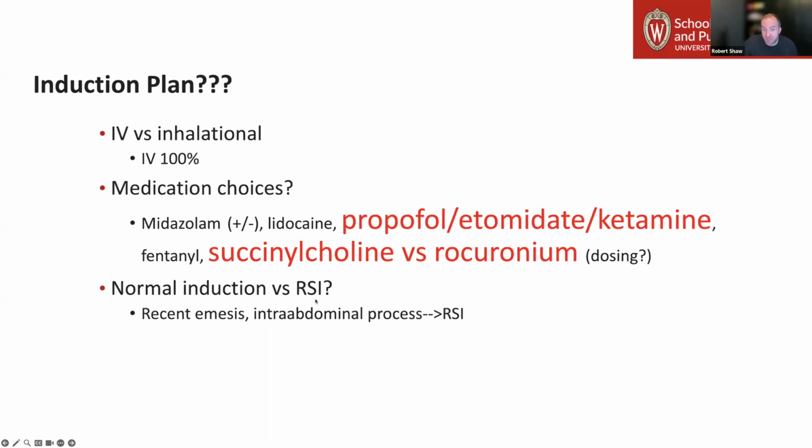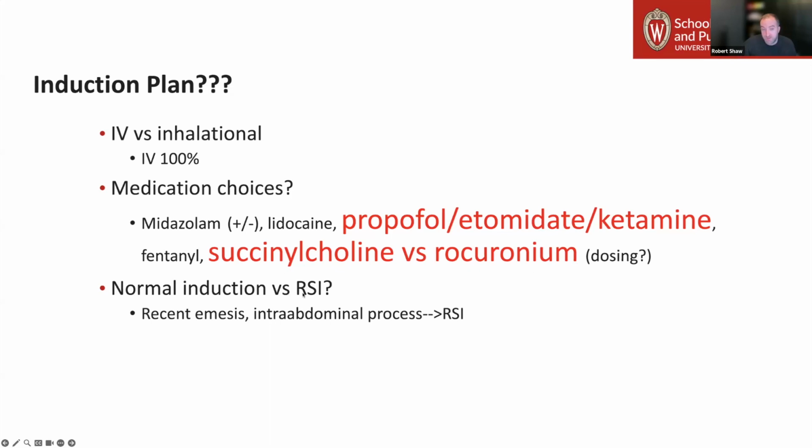Someone did mention an RSI, a rapid sequence induction. That is different compared to a normal induction. In a normal induction, we give our hypnotic medications, wait a bit of time, then give our neuromuscular blocker, likely wait a bit of time, and then place a breathing tube.